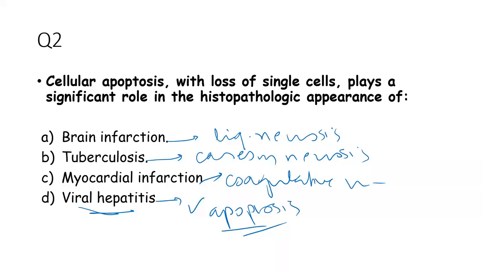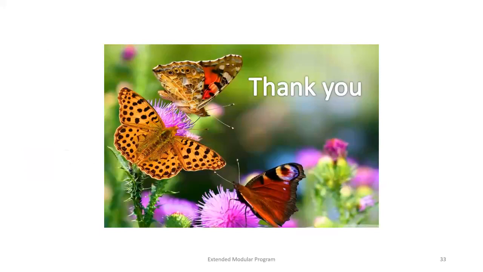Myocardial infarction, yes, this is coagulative type of necrosis. Viral hepatitis, remember Councilman bodies? Yes, this is apoptosis. So apoptosis will play a role in the histopathologic appearance of, of course, viral hepatitis. All these others are types of necrosis and not apoptosis.